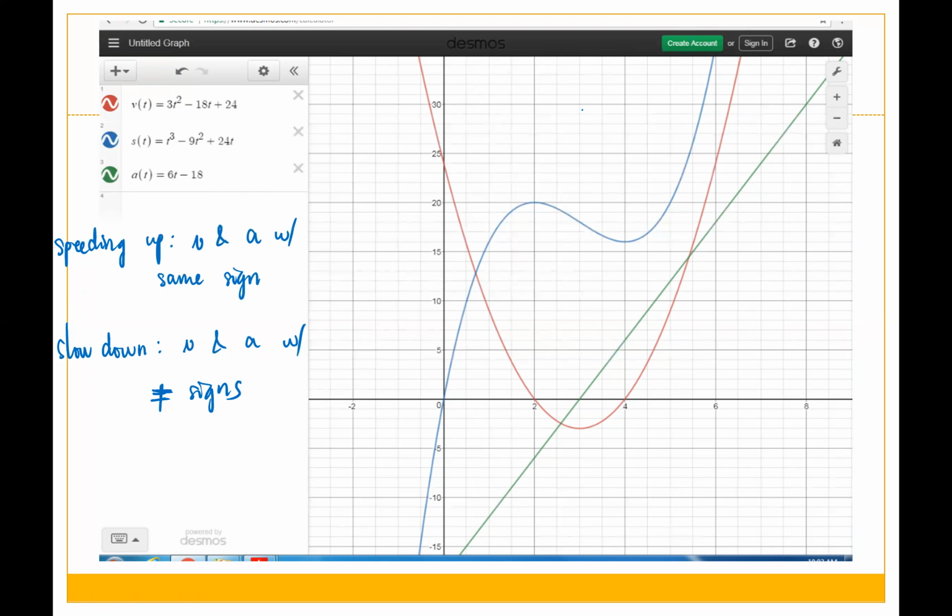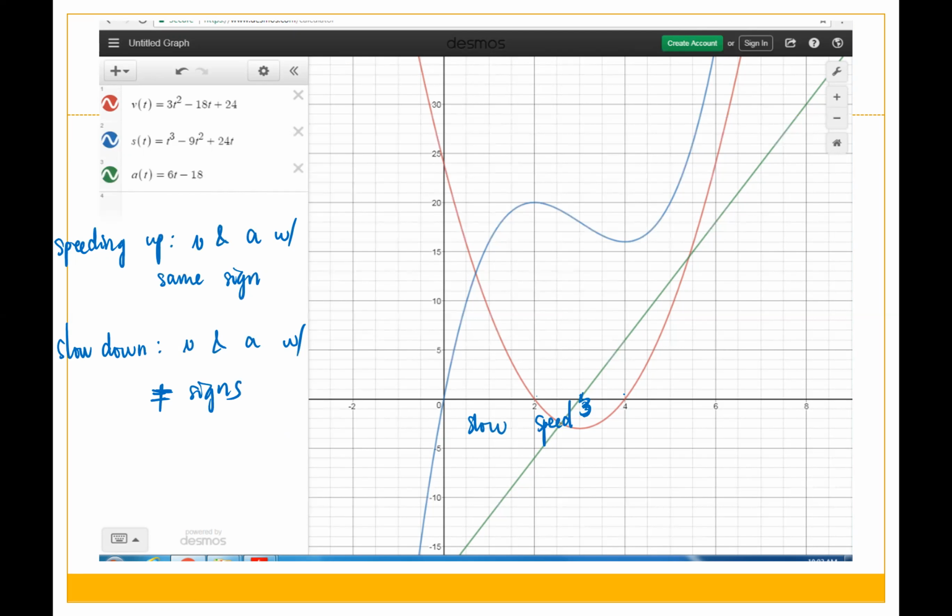So here you can clearly see that you just care about the red one and the green one. From 2 to 3 seconds is speeding up because both of them are negative, so same sign. Here one is positive, one is negative, so it's slowing down.